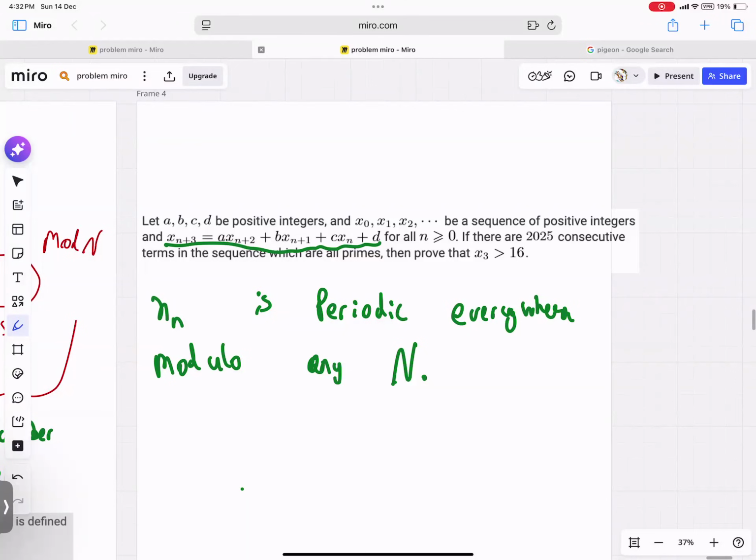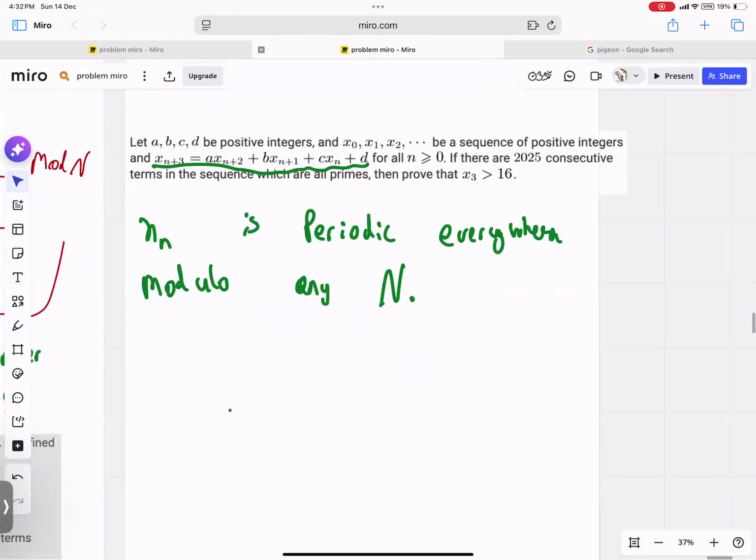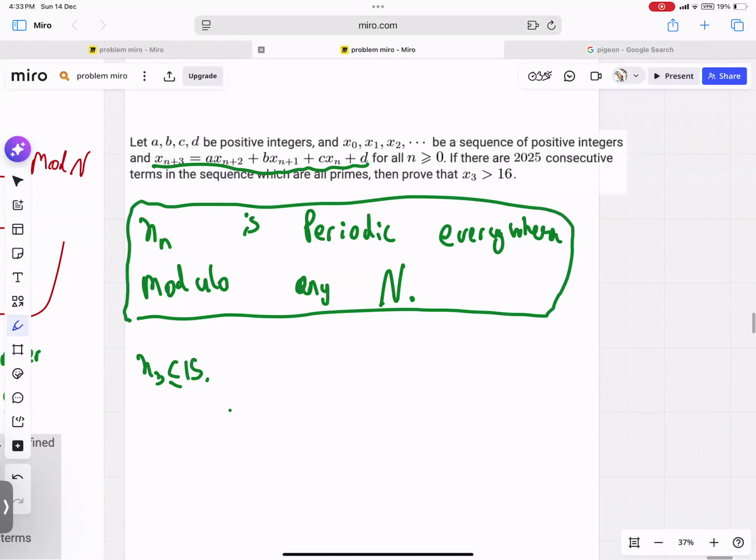Okay, so say x3 is less than or equal to 15. We want to show that somehow because of this periodicness modulo n, these 2025 consecutive terms in this sequence, which are all primes, can't hold.